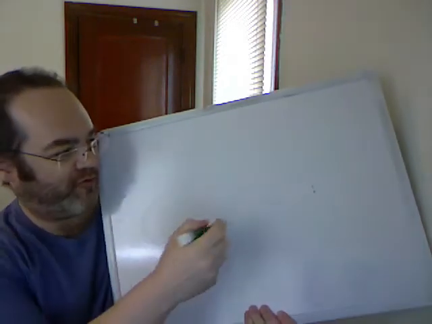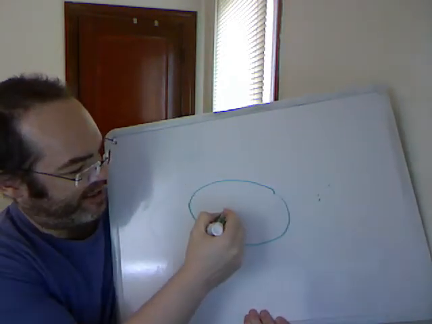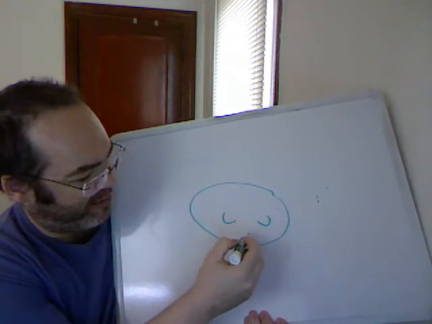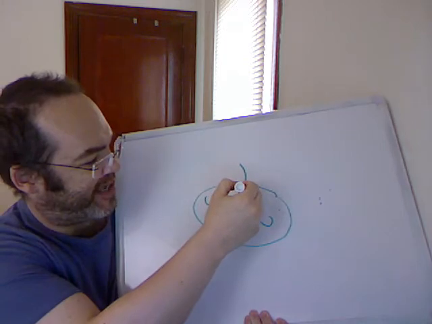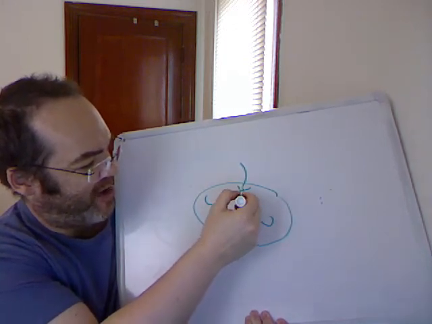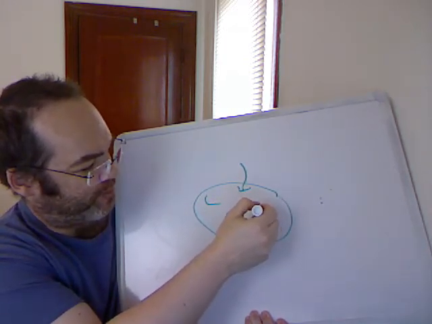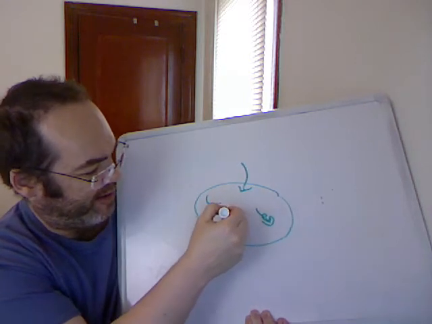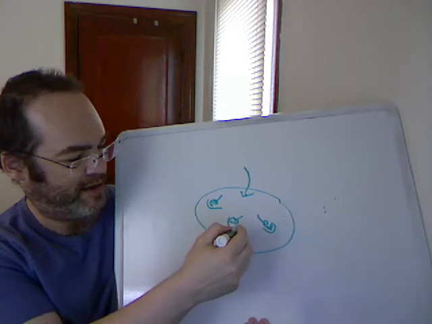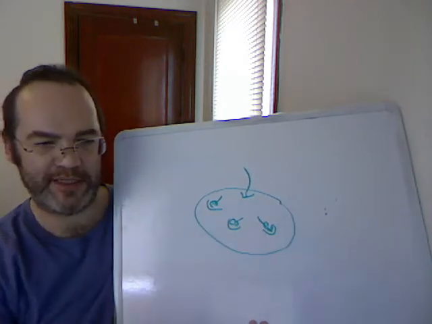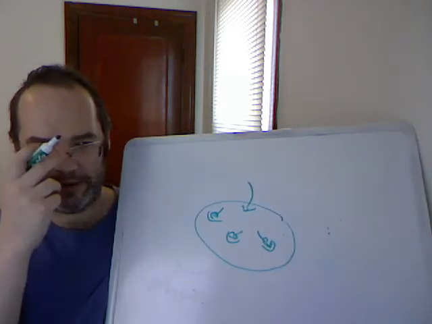So here's a regular cell, and there's our receptors floating around in the cytoplasm, and a virus gets into the cell. That virus makes RNA, and then the RNA is detected by our rig-like receptors, and these receptors then cause some kind of response.